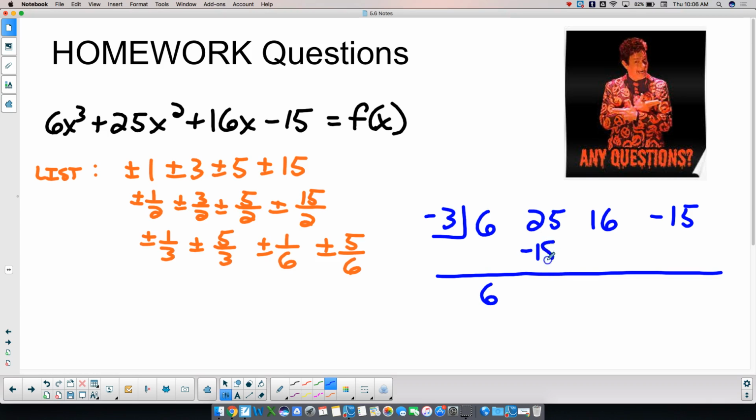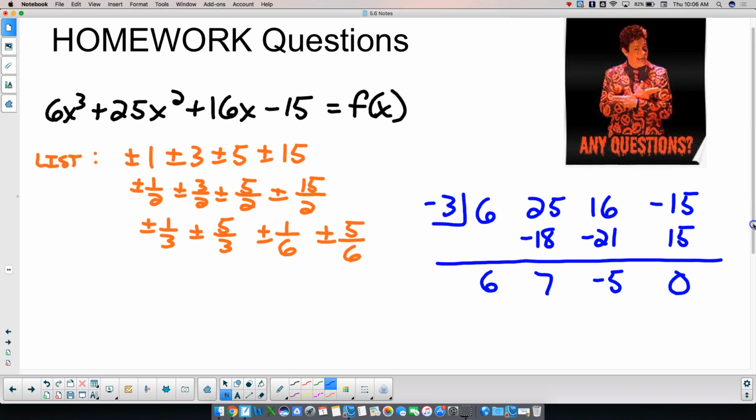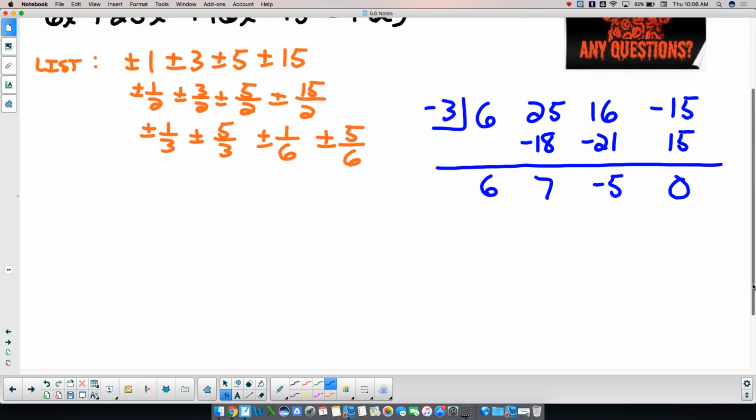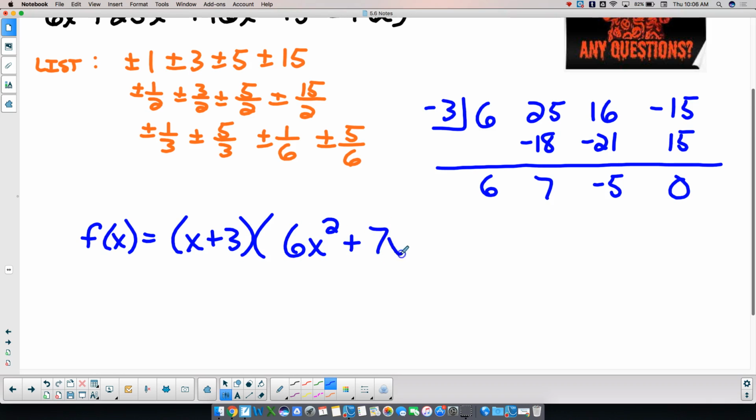6, -18, 7, -21, -5, 15, and 0. So f of x can be written as x plus 3 times 6x squared plus 7x minus 5.